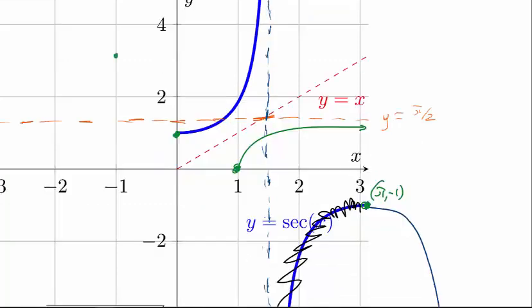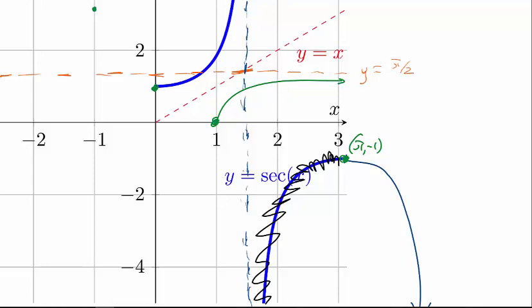And do note that we have a vertical asymptote right here, and this can be described by the line x equals 3 pi over 2. So the next line will be y equals 3 pi over 2.